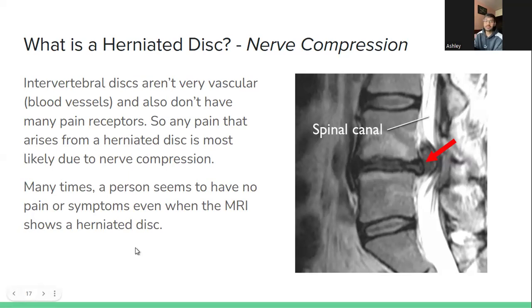There's no blood supply. So for the most part, pain receptors are just not there, and you don't feel a lot of pain from herniated discs. If you do, it is very likely caused by nerve compression, right? The herniated disc, the nucleus pulposus, migrates out and starts to irritate the surrounding nerve. Okay, that is fine.